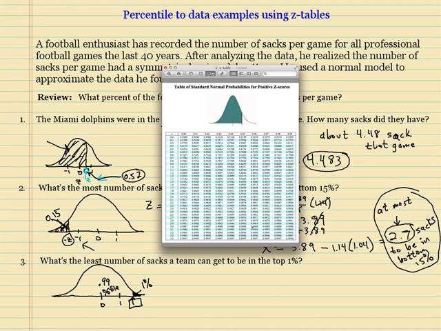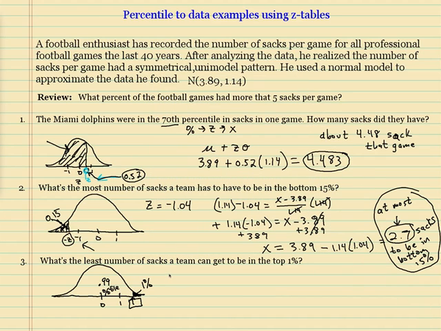I'll just use this one. It's just a tad bit over, but 2.33. So the z-score for this would be 2.33. And I'll just use the quick way.